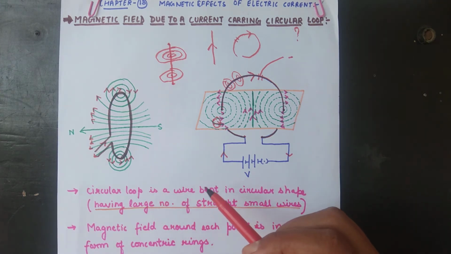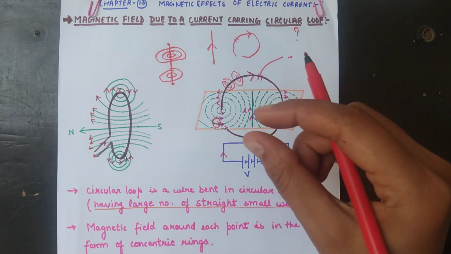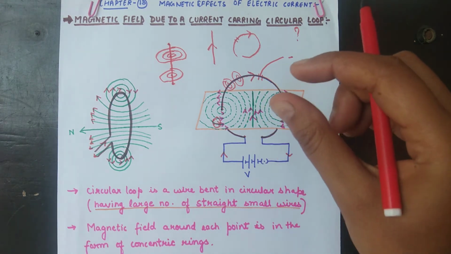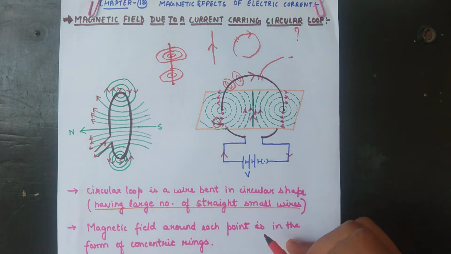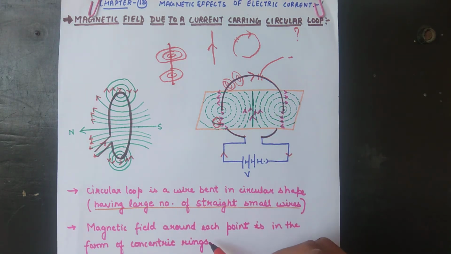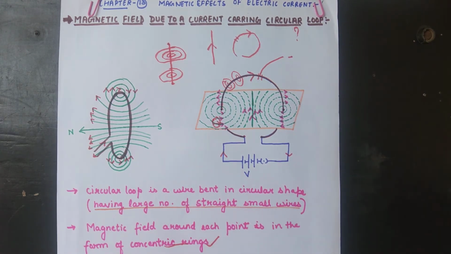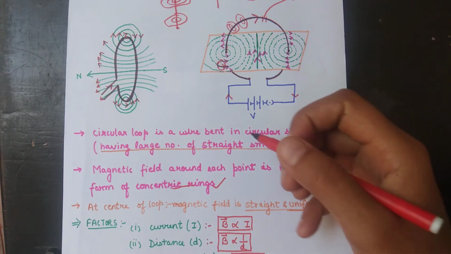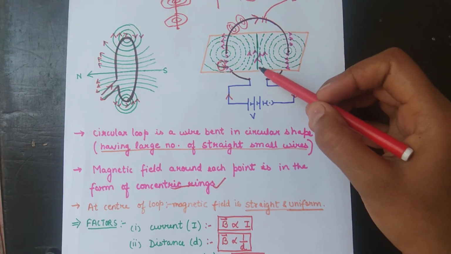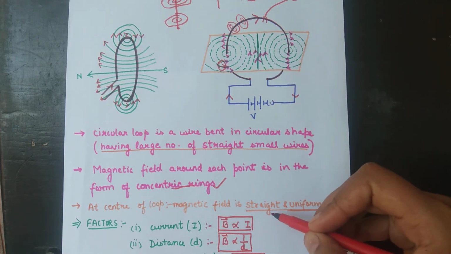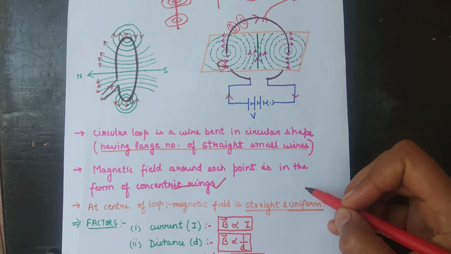A circular loop is a wire bent in a circular shape, made up of a large number of small straight conductor components, and the magnetic field around each point is present in the form of concentric rings. At the center of the loop, the magnetic field is present in the form of a straight line, and it is also uniform. Uniform means the same everywhere.